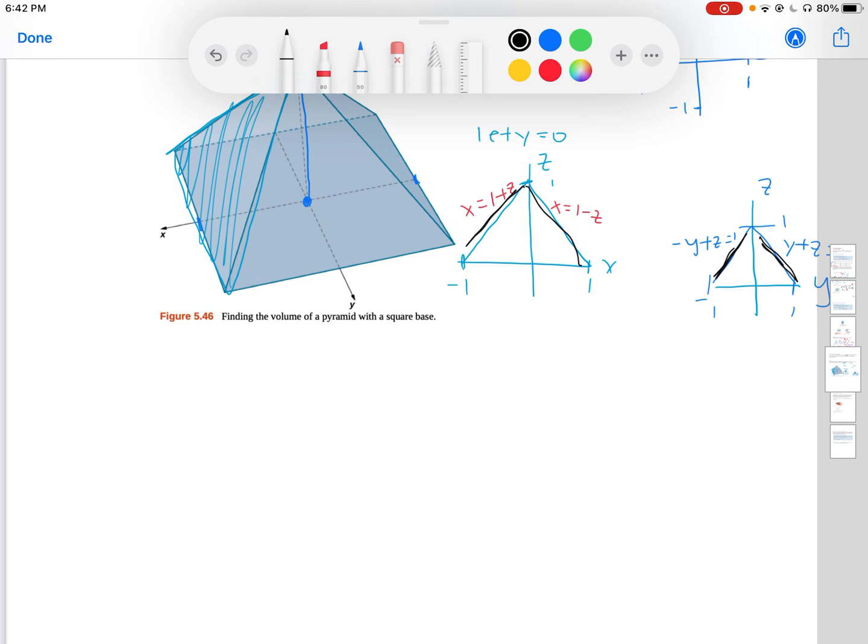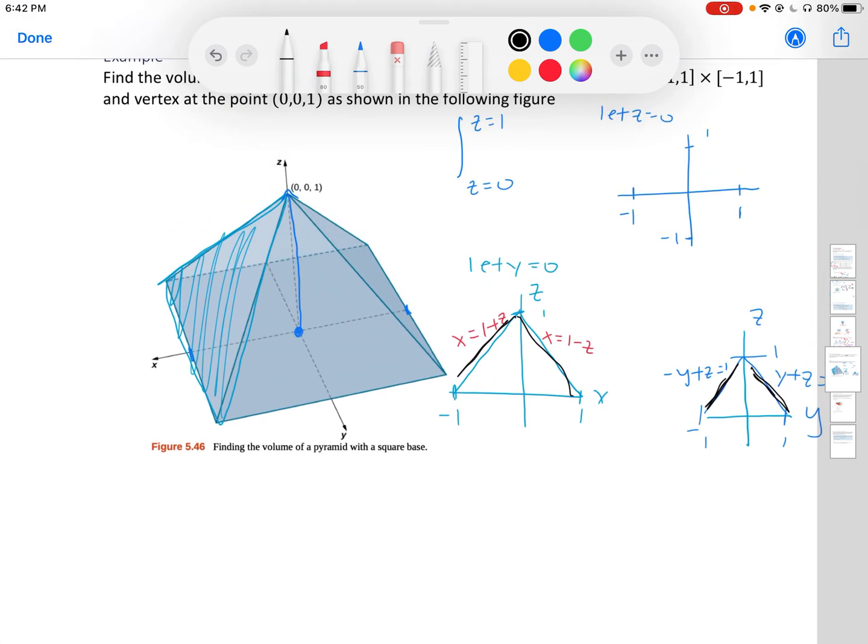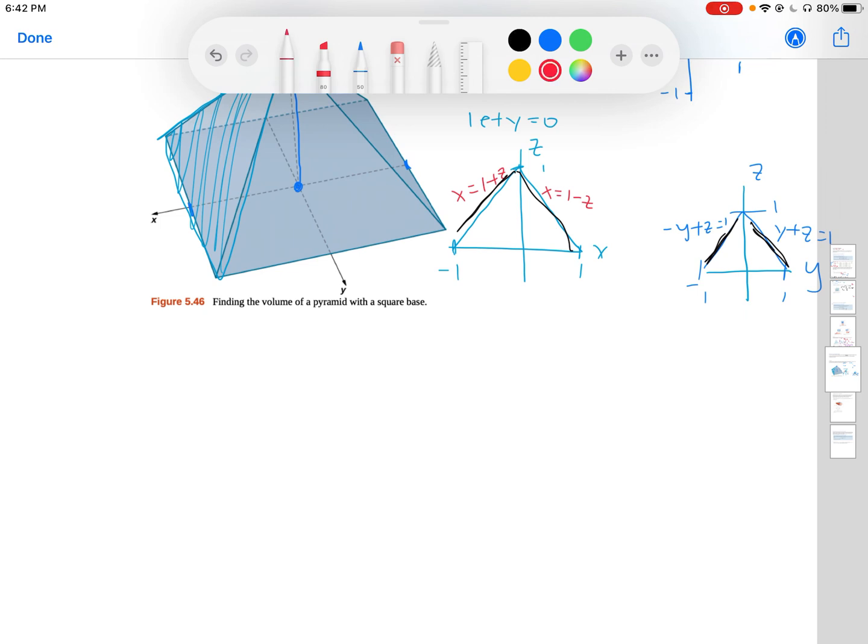So it'd be easiest to let z be your constant because that stays strictly between 0 and 1. And something that I failed to mention in the beginning is that your last integral needs to be constants. So we set up our last integral, z from 0 to 1, and in this case it would be best because our last integral needs to be a constant.